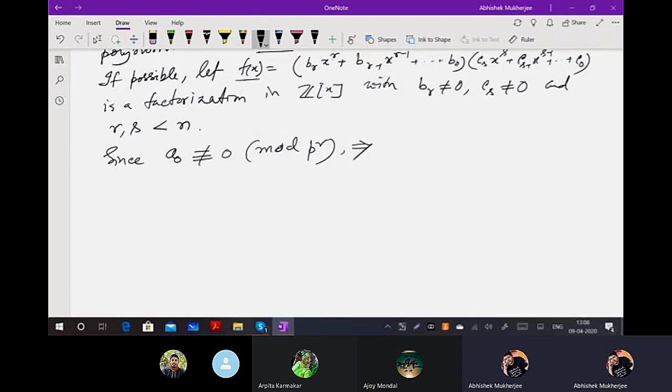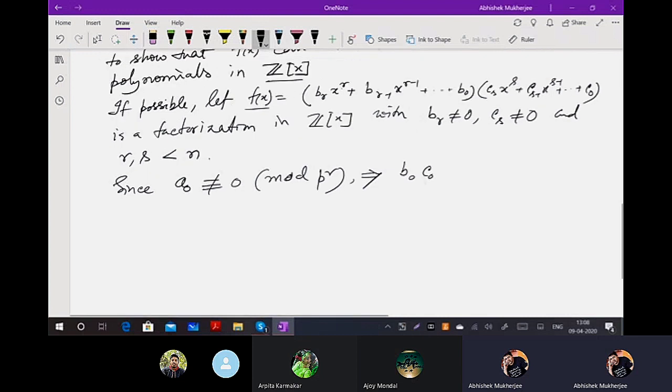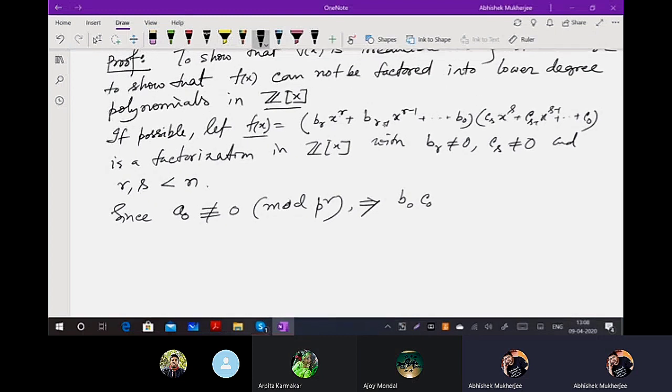If we execute the product of these two polynomials, then the constant term b_0 c_0 must not be congruent to 0 mod p square.